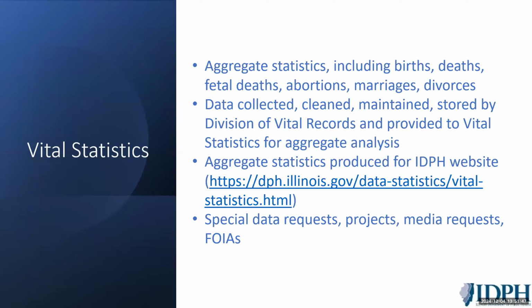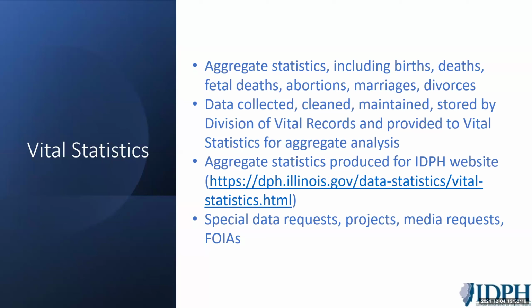Next slide. So vital statistics basically uses vital records data, which mainly consists of births and deaths. But vital records also collects records on fetal deaths, abortions, marriages, and divorces. Vital records is a different division from ours, and they do all the data collection.